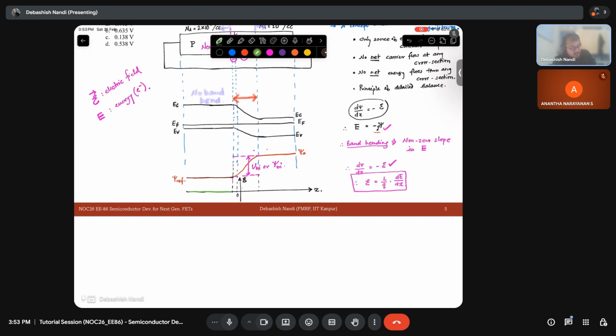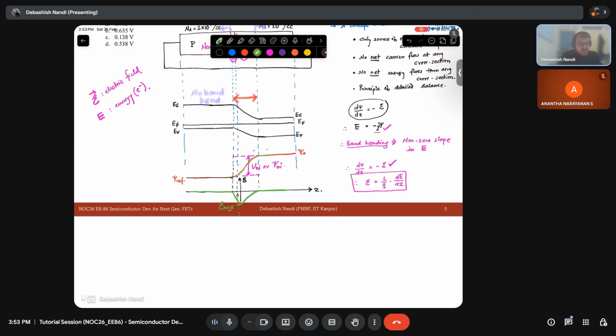Then the slope of this line is increasing and then decreasing and then again becoming 0. So negative of that will give me something like this profile of electric field, right? And at the junction I will have my Emax, or maximum electric field.